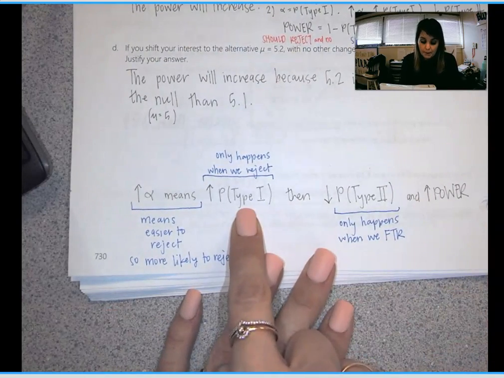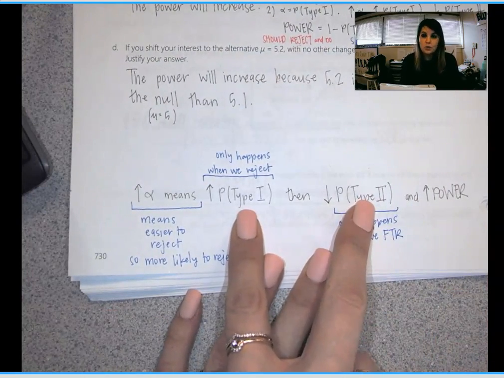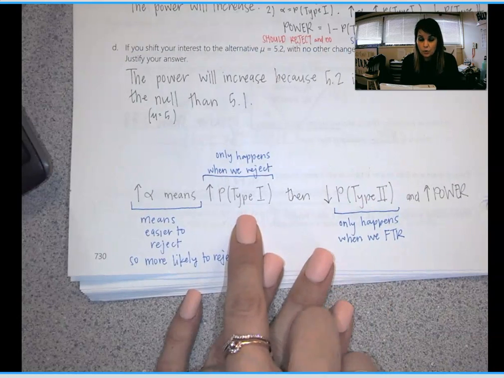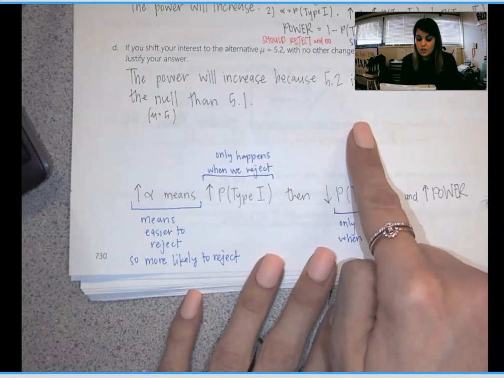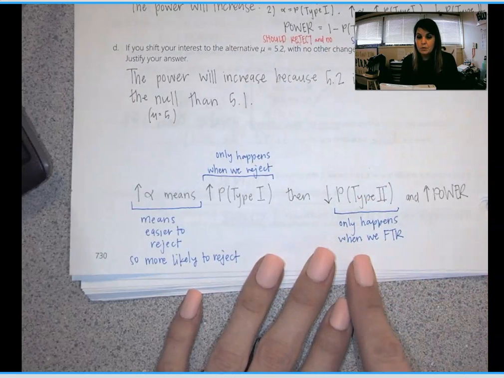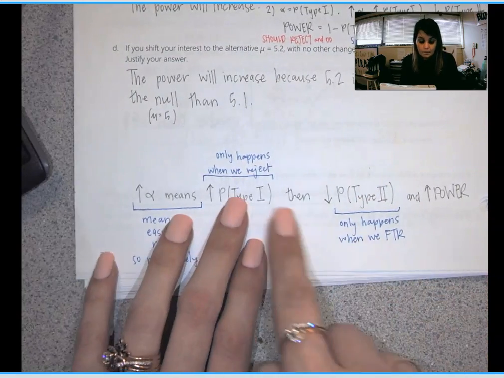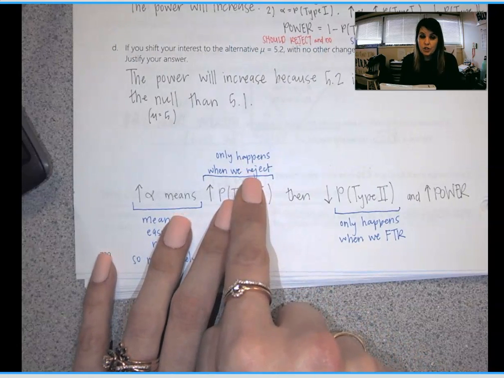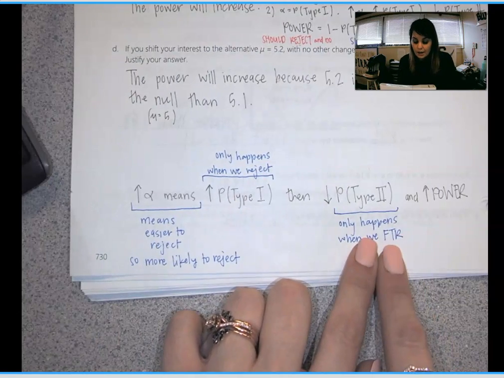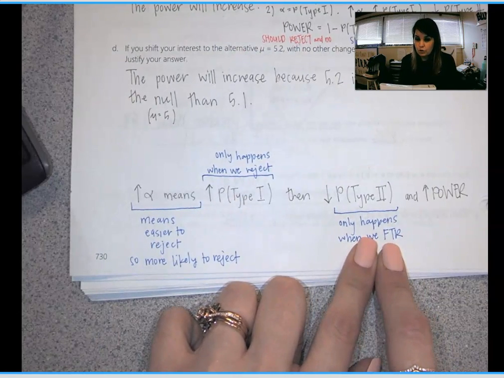Well, remember, type 1 and type 2 are conversely related. So if you increase your type 1 error, that means you decrease your type 2 error. Why? Because type 1 only happens when we reject. Type 2 happens when you fail to reject.